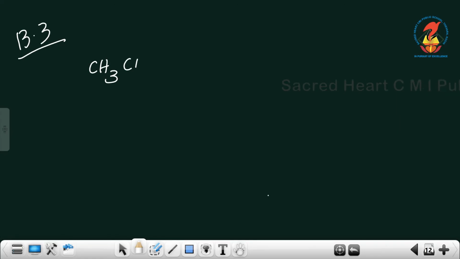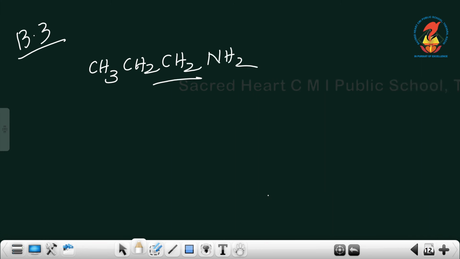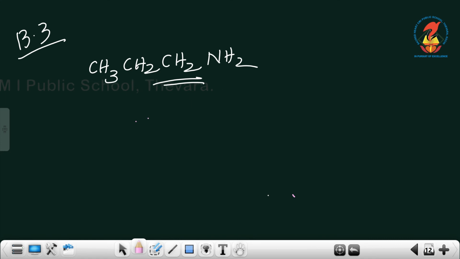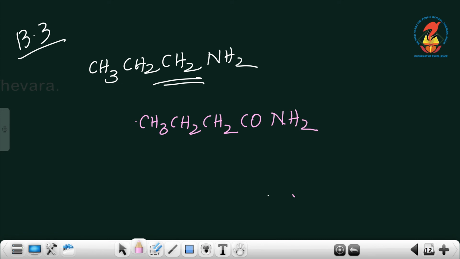Propanamine formula is CH3CH2CH2NH2. So which amide is giving propanamine? To get the amide, what should we do? Add CO just before NH2. So what we are getting here is CH3CH2CH2CONH2.